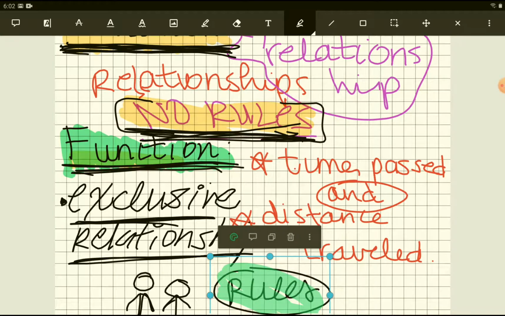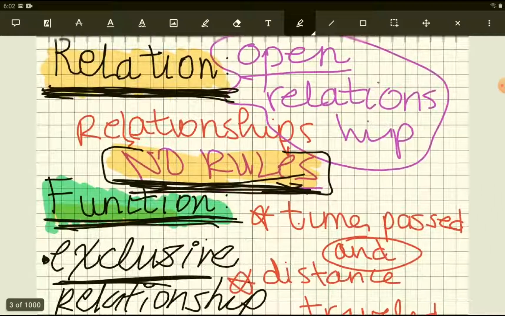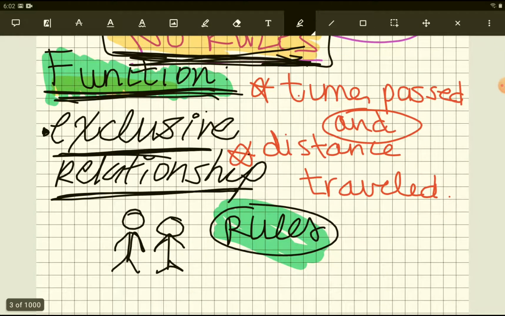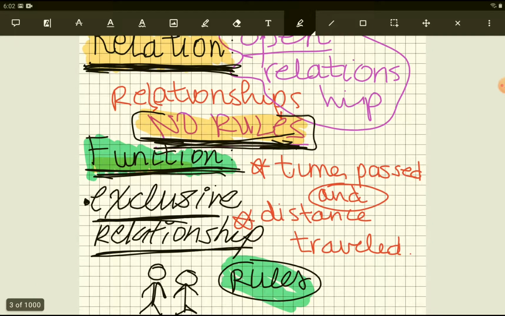There are rules to a function, and it's the same thing with math. With relations, there really are almost no restrictions, nothing that either data set has to respect or abide by. And then there are functions, where there are rules that need to be followed for them to be considered a function.